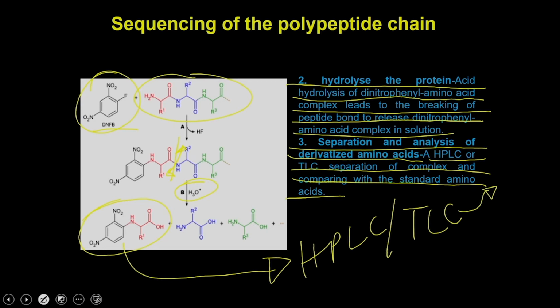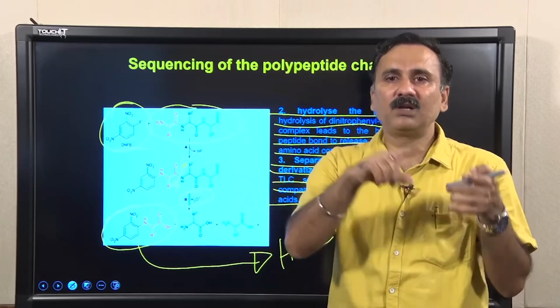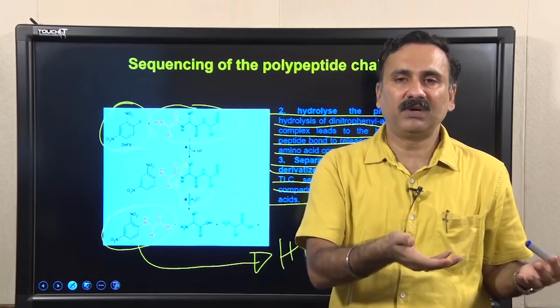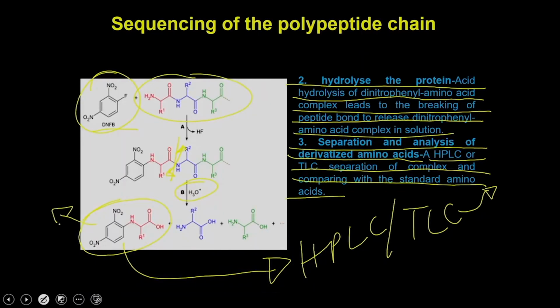You can also run the standard amino acids coupled with FDNB, which will tell you which spot corresponds to which amino acid, and that is how you can identify the complex, whether it is making a complex with arginine or with lysine and so on.